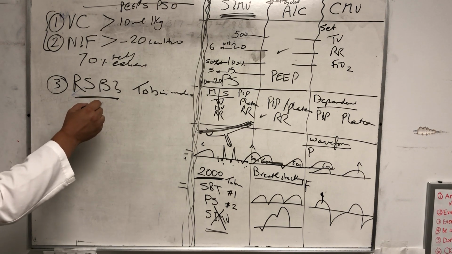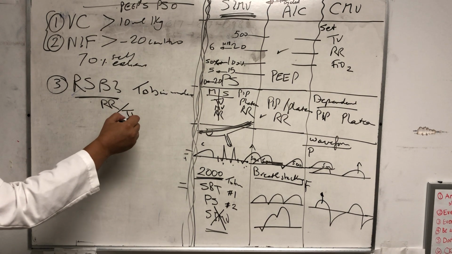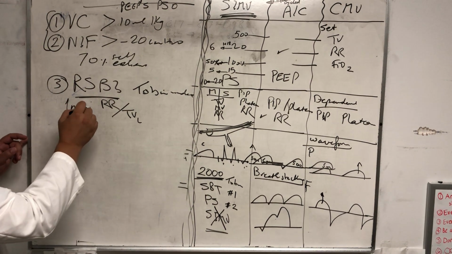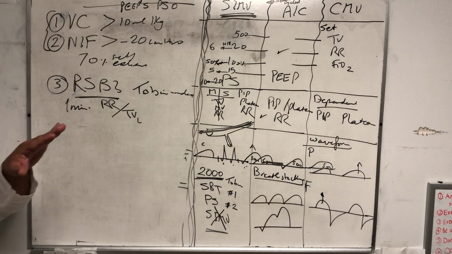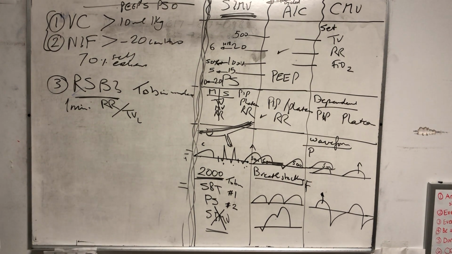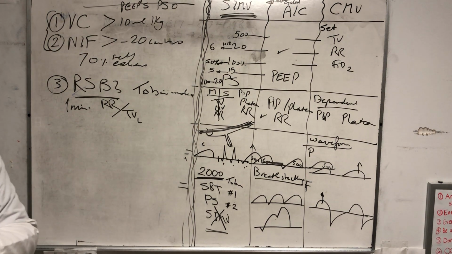So what you do is take the respiratory rate and divide it by the tidal volume in liters. You put the patient on these settings, and in 1 minute you take the respiratory rate. You don't even tell the patient, because if you tell the patient, he's going to be tachypneic. So you go under the bed or say I'm checking the vent, quickly change it, get out of the room and look.